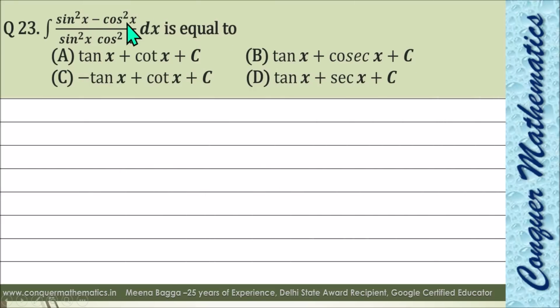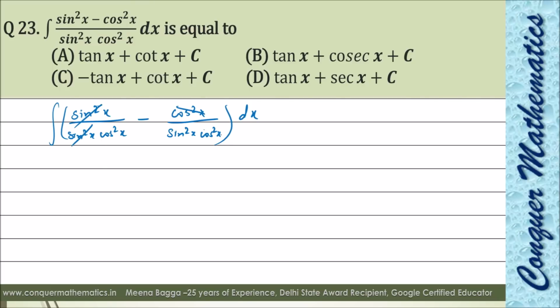Yes. Now sin square x minus cos square x divided by sin square x cos square x. We have done a similar type of question. We are just to separate. This is an MCQ question. Let us just write quickly. This is this minus cos square x divided by sin square x into cos square x. In the first term, sin square x will be cancelled.